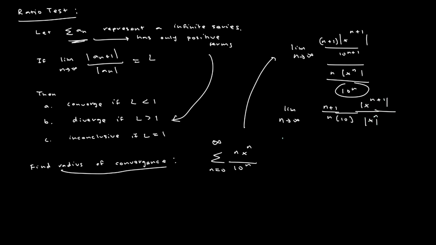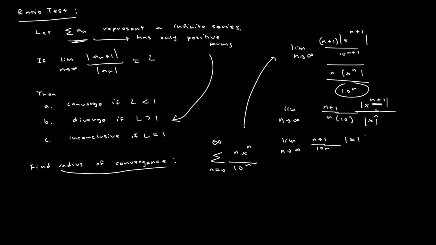Then I can rewrite that as the limit as n tends towards infinity of (n plus 1) divided by 10n times the absolute value of x, since this has a higher degree.